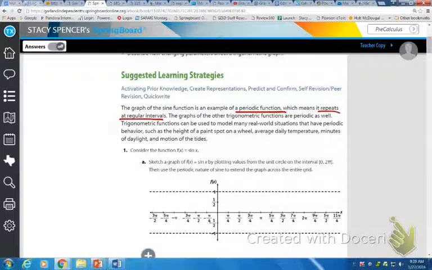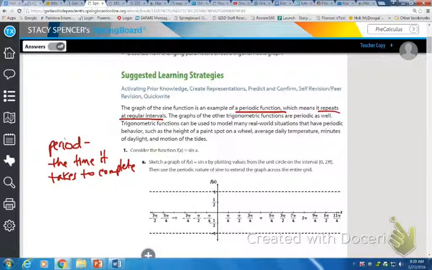So a period is the time it takes to complete one cycle. Okay?